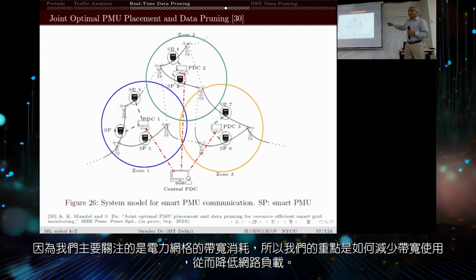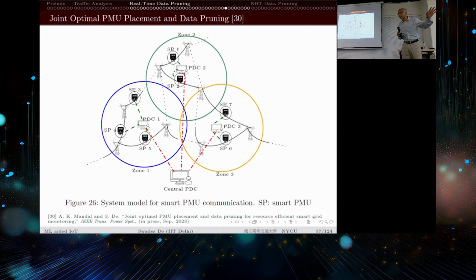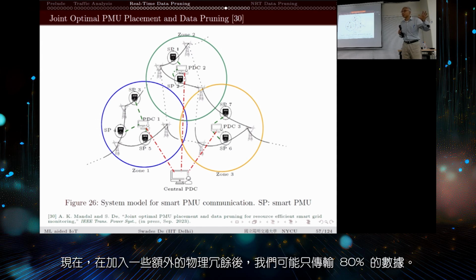For this power grid, our main focus is how to reduce the bandwidth consumption so that the network load can be reduced. In the process, we are also reducing energy consumption to some extent, because earlier I was transmitting 100% of the data, and now I am transmitting possibly 80% after putting some more redundancy at the physical layer.